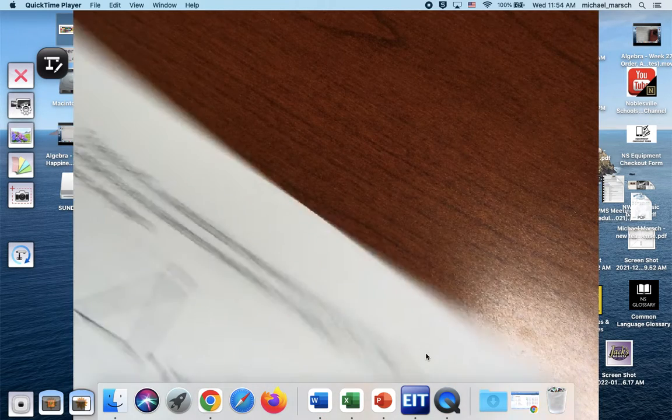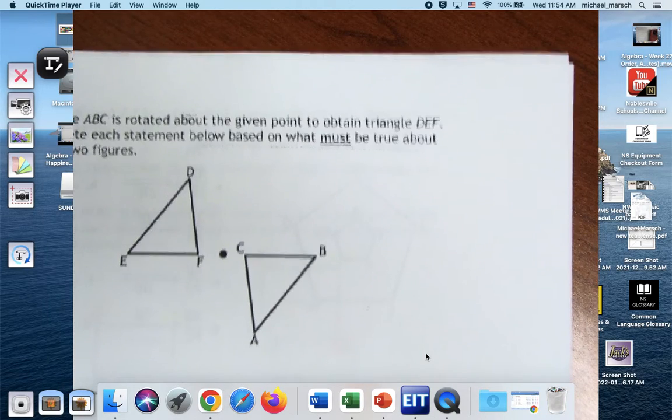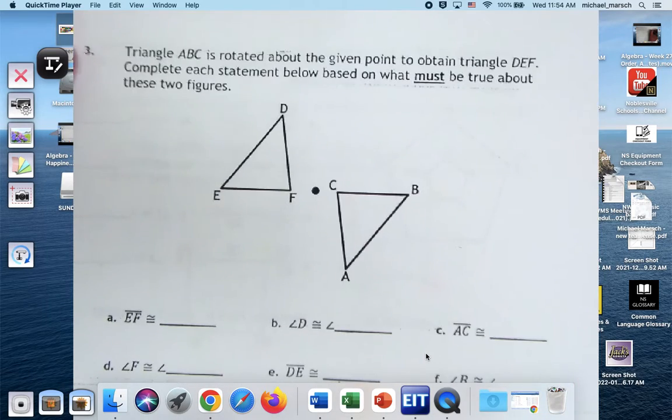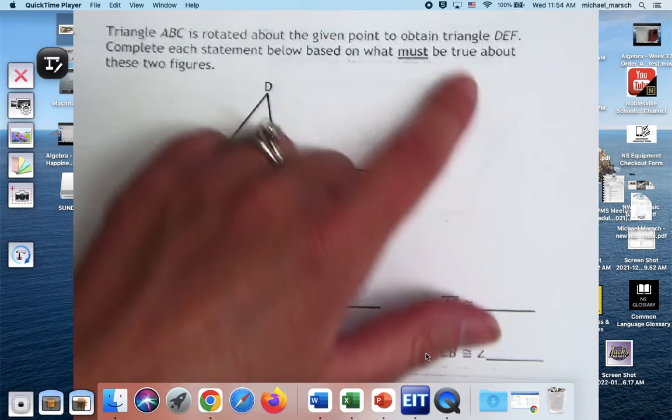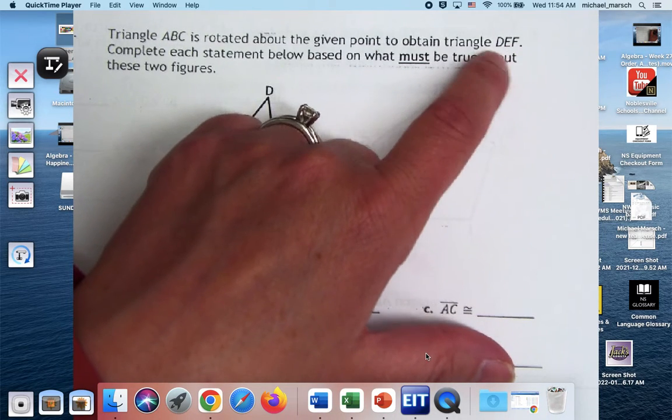Okay, so on the next page, I want you guys to do this by yourself. Use color coding. Remember, the order the letters are given tells you what corresponds. Can we use whatever colors we want?